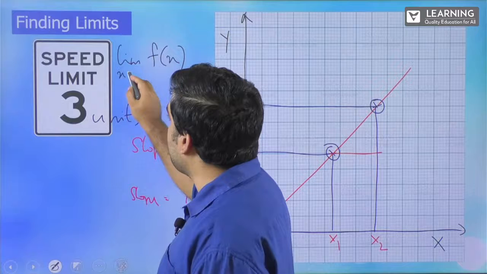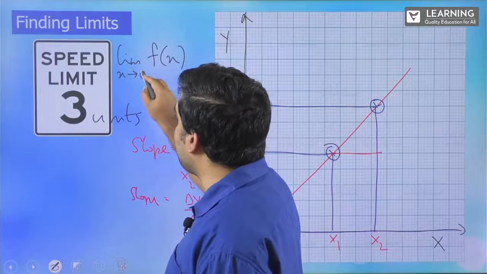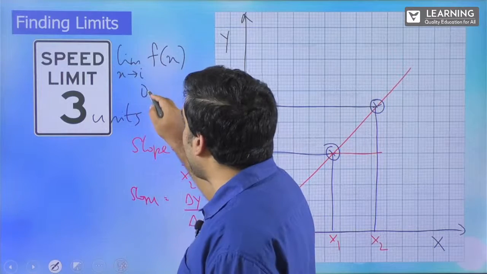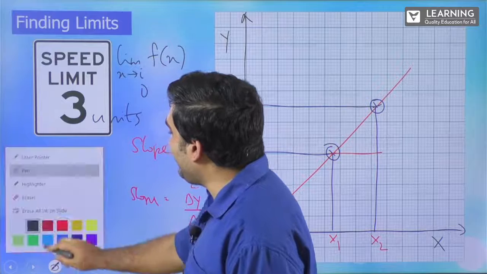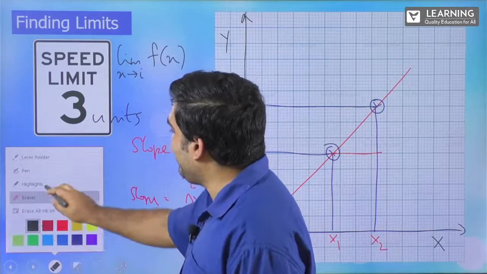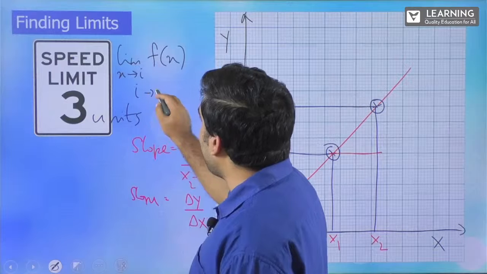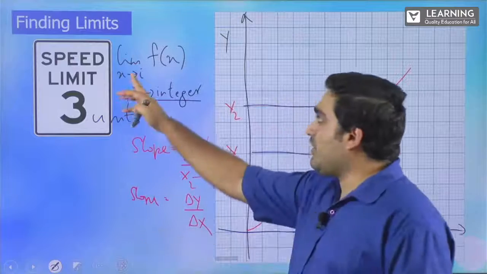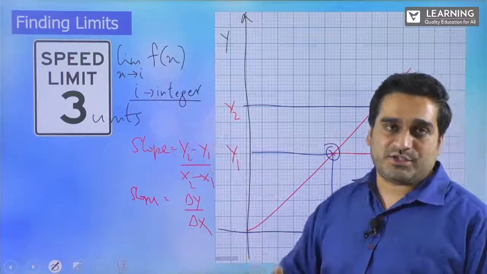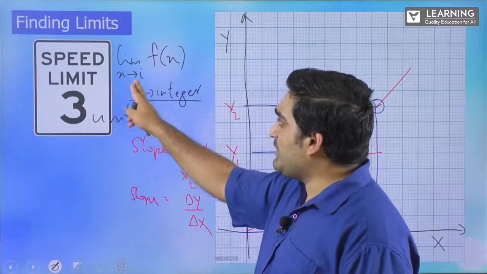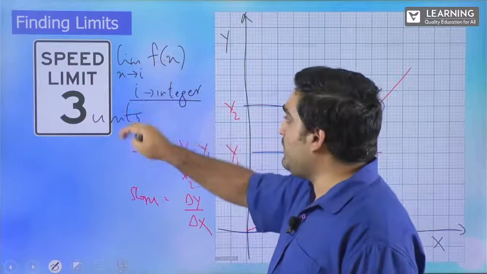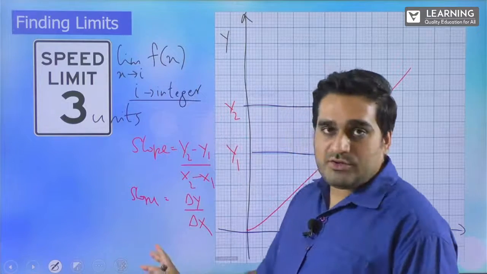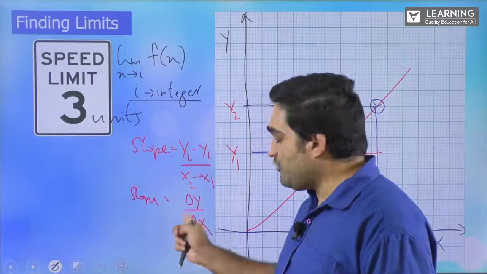So x tending to a certain number, let's say I, where I can be an integer. This is how you apply a given limit for a function. Limit where x tends to I, where x is called the variable, I is an integer, f of x. Very simple. So we are going to apply the limit, same case for this one here.